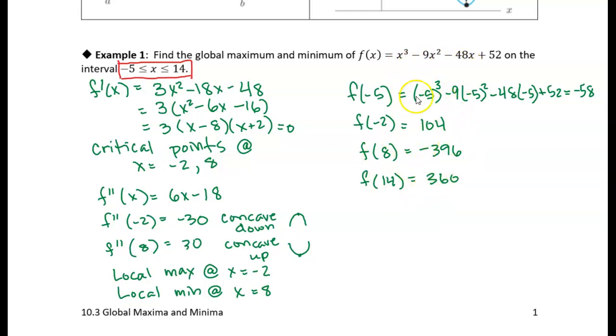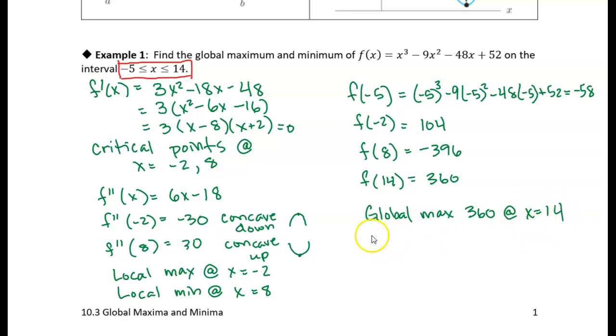So now I can just compare all of those points and figure out which one is the global maximum and which is the global minimum. The global maximum is the biggest one of these, right? It looks like 360 is the biggest one of all of these. Global maximum is 360. That's the value of the function, and it occurs at x equals 14.